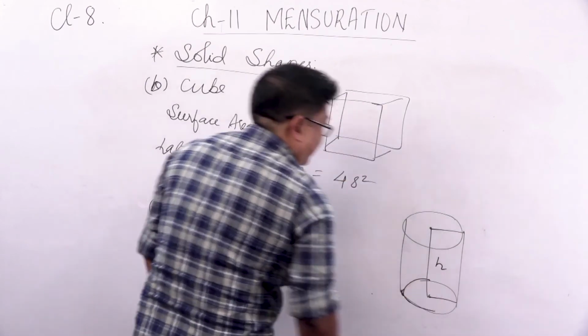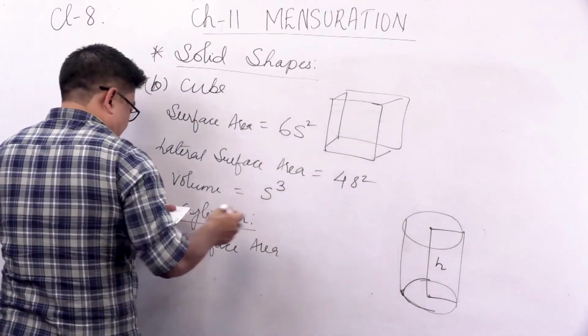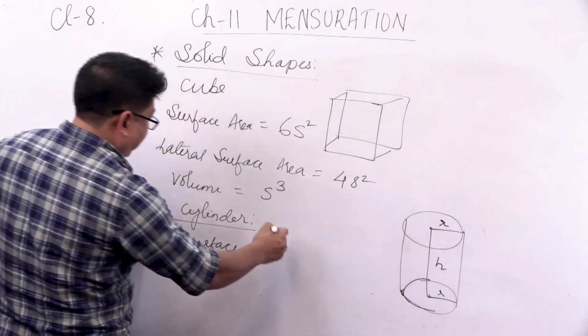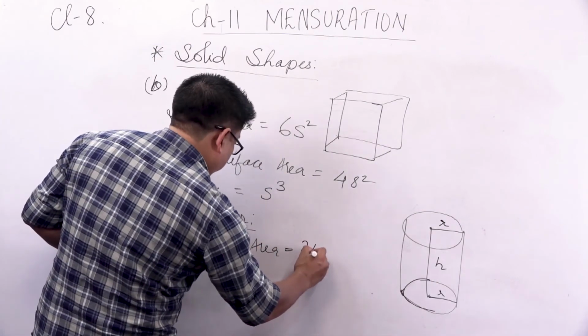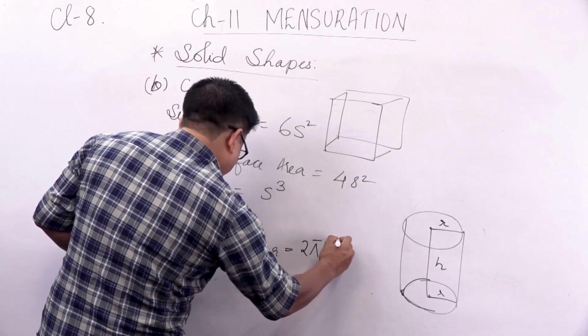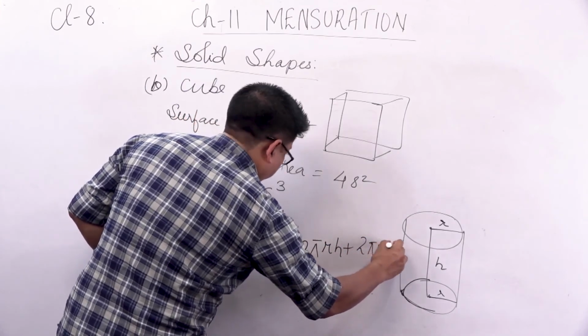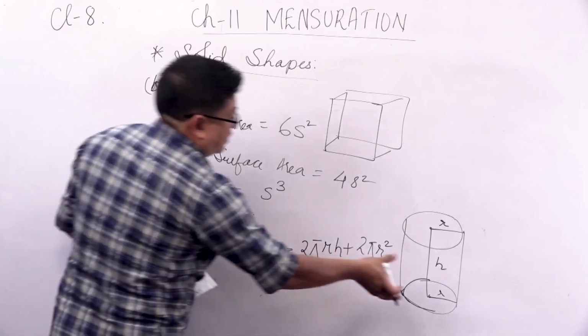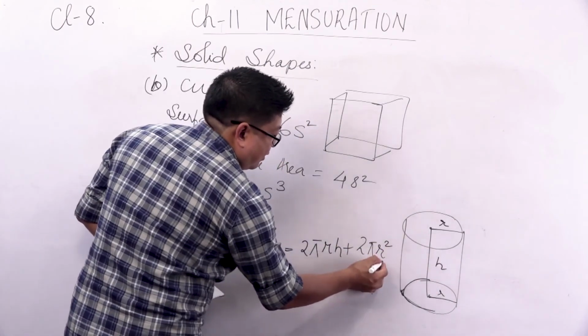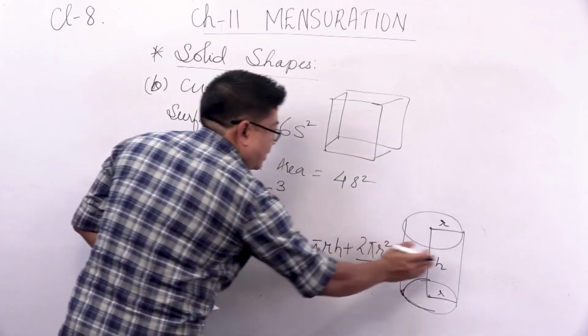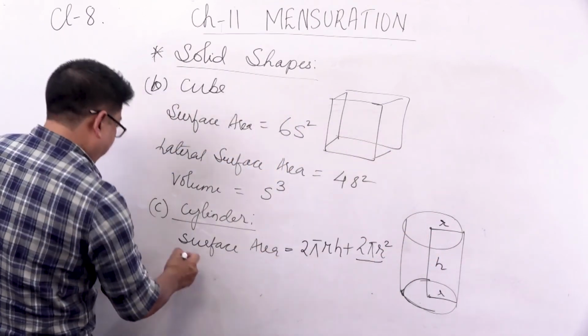This indicates your height, all right? And this indicates your radius. Now, surface area is equal to 2 pi RH plus 2 pi r square. That means two circles, area of two circles, and 2 pi RH is the curved area, okay?